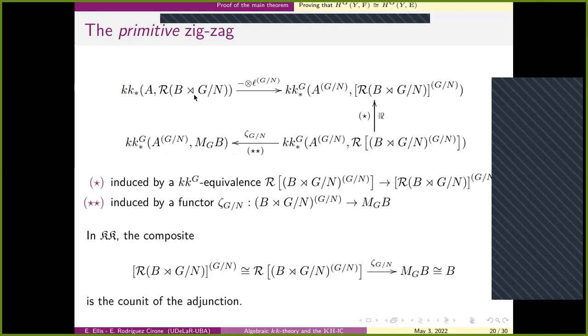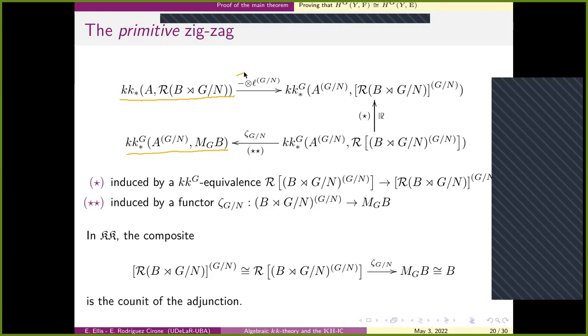So for the adjunction isomorphism, here we have the homotopy groups of E, and here we have the homotopy groups of F, and the adjunction isomorphism is this composite.